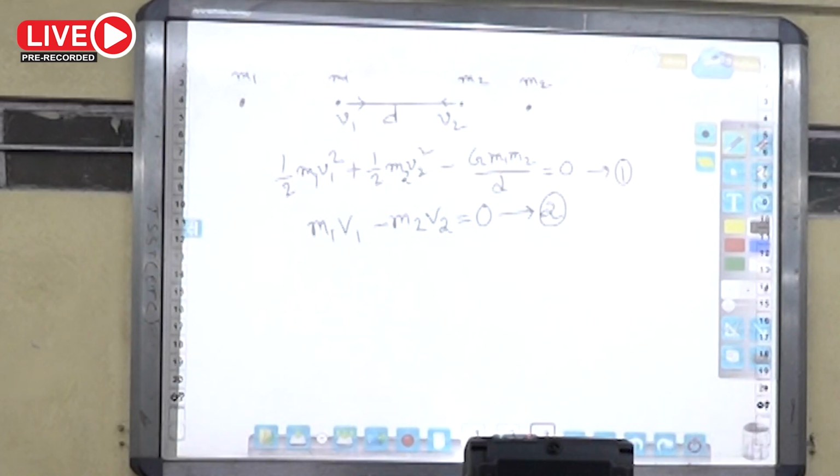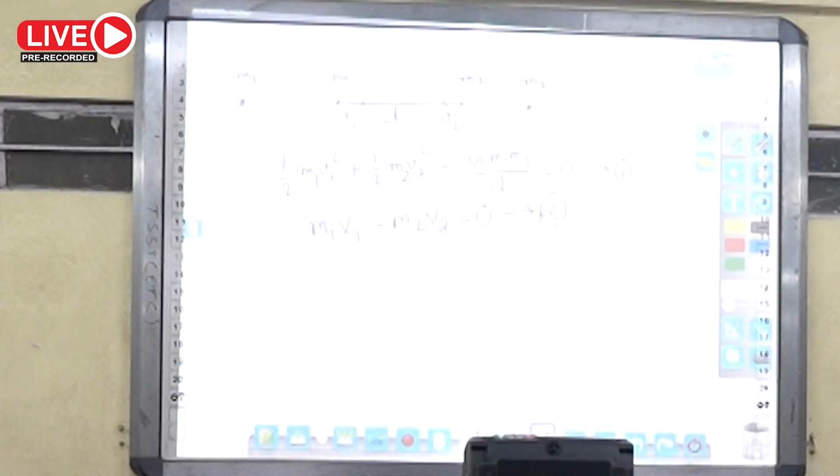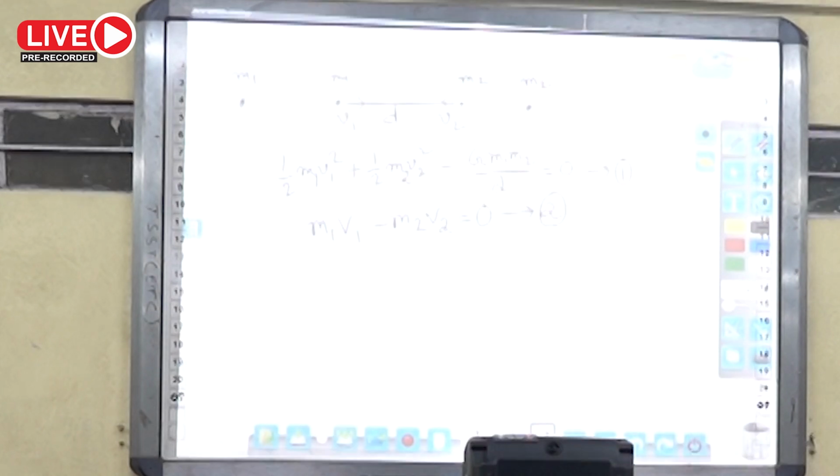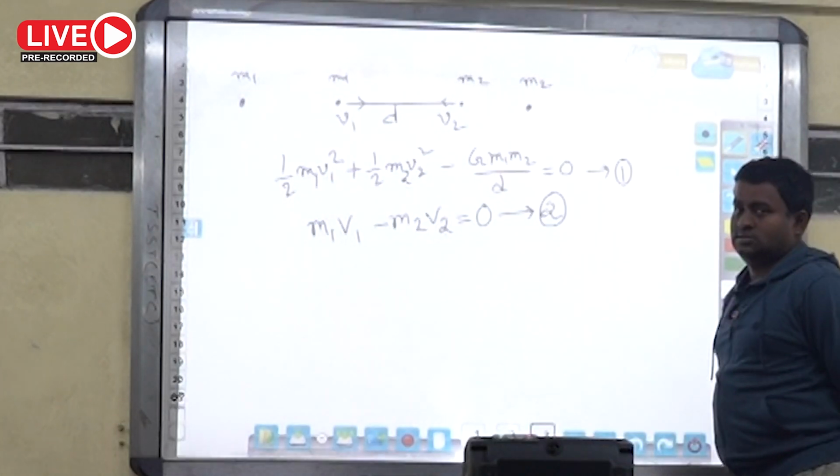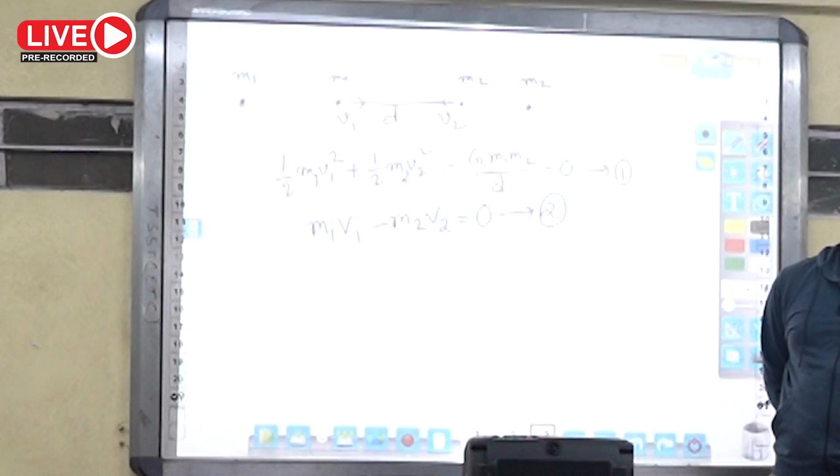Now from this you have to solve for V1 and V2 and find V1 minus V2, the relative velocity. So you have to use the substitution method.